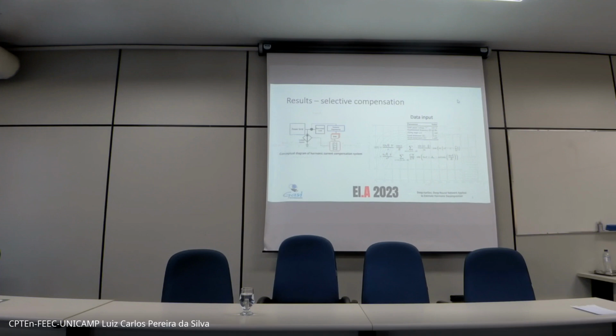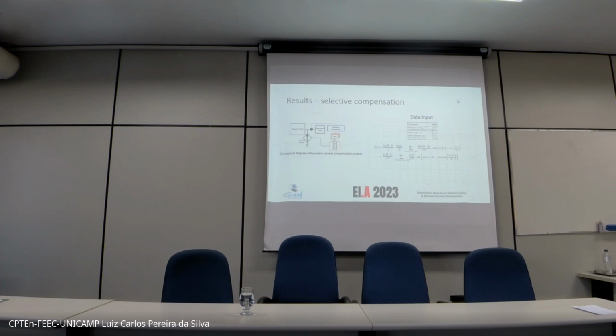The second case study was performed with selective compensation, where we used an AC voltage source as the power grid. The same mathematical model is used for the AC current, emulating the non-linear load, and a current source to emulate a harmonic compensator.